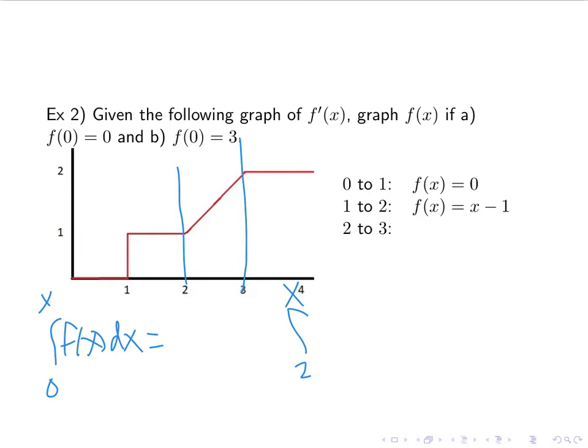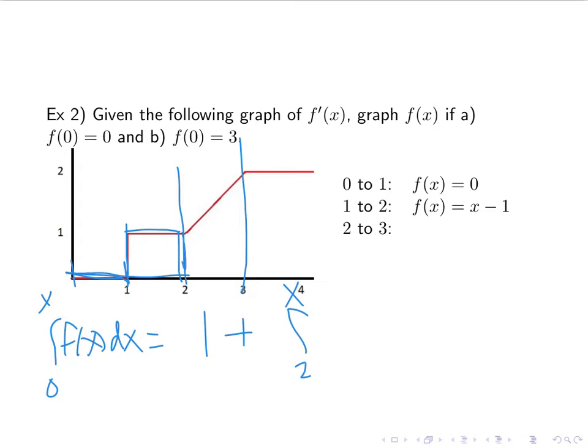And I need the integral before it. So again, from 0 to 1, it was 0. From 1 to 2, remember the integral is the area under the curve. So I'm just looking for what's that area, and that's a 1 by 1 square. So it's going to be 1 plus the integral from 2 to x.